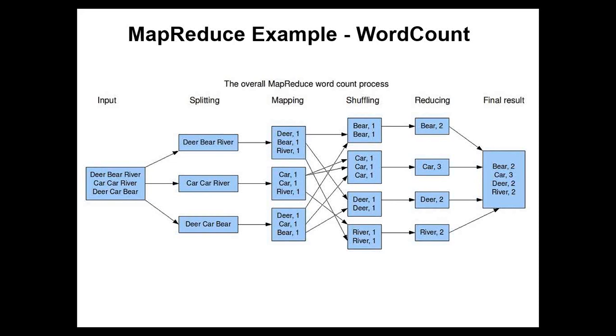And then the shuffling happens whereby you will see that, for example, where occurs twice, once in the first file and then in the third file. So the shuffling process is basically bringing both the pairs together. That is somewhat like sorting.